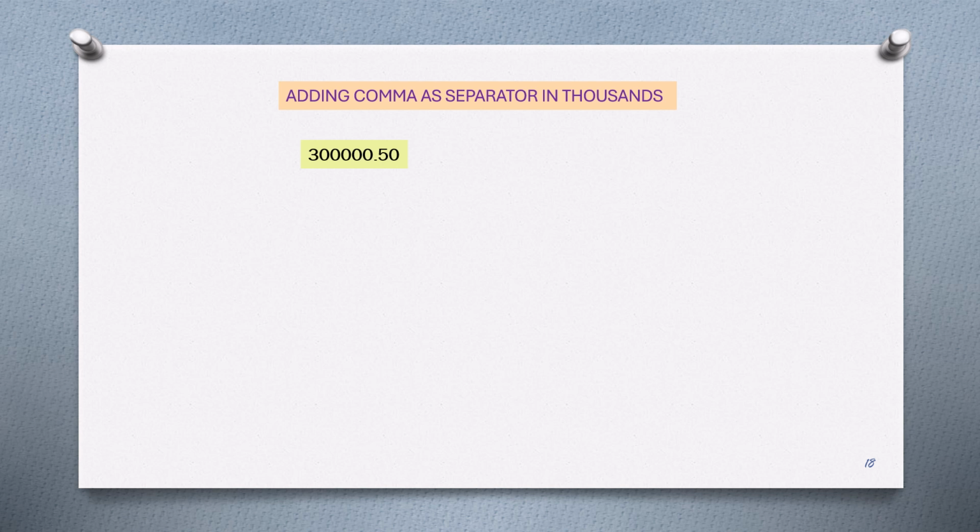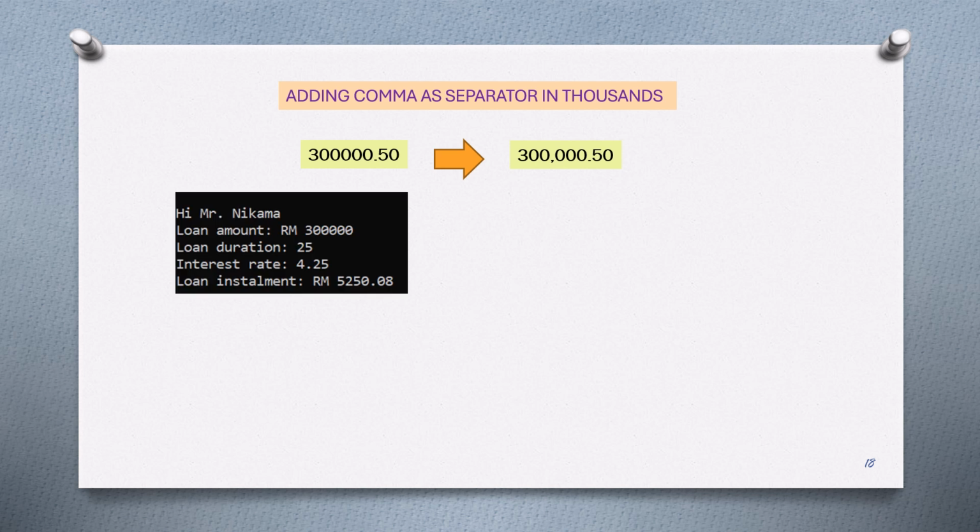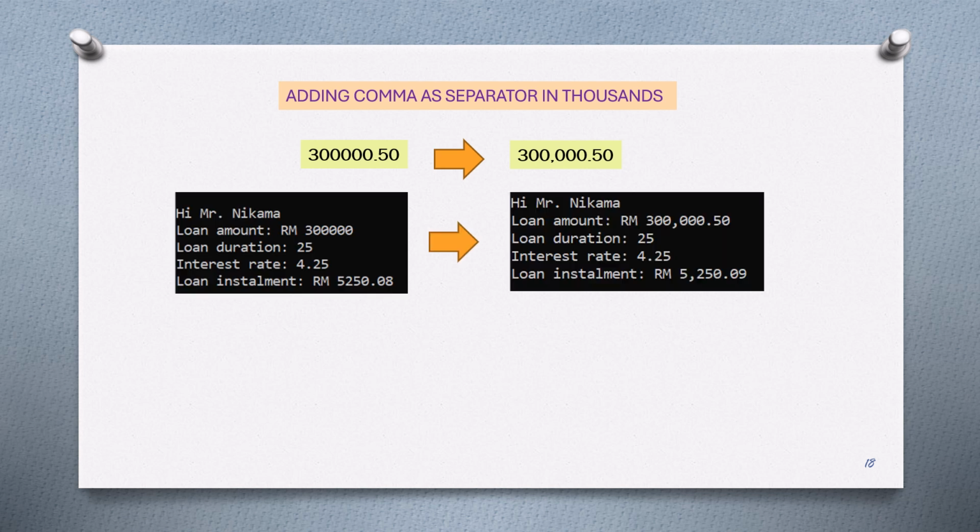For example, you type 300,000.50, so how do you display it to become like this? From here, how do you make it to this? See, it fits nicely, it displays nicely.